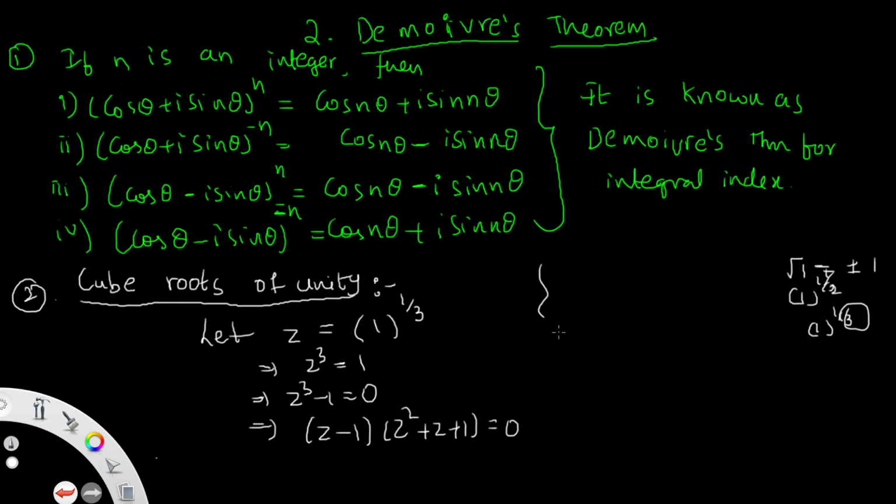Separating as a product of two factors, z minus 1 equal to 0, or else z square plus z plus 1 equal to 0.